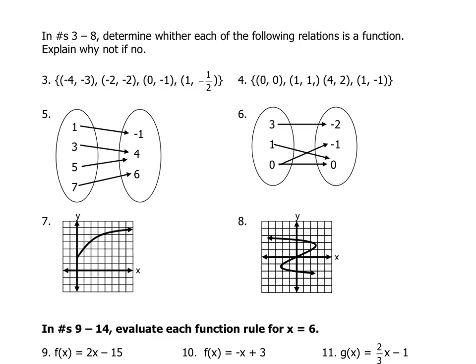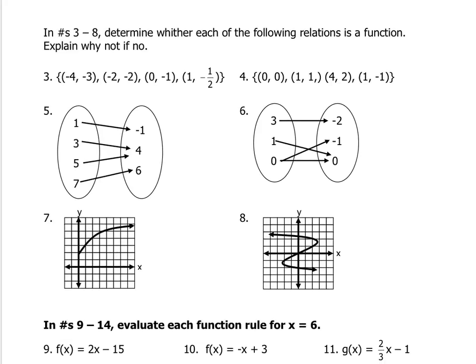All right, let's take a look at the back side. For the next couple questions, we're going to determine whether they're functions and then explain why or why not. You can go ahead and draw the Easter eggs if you'd like, but another way you can think about this is seeing if any of your domain repeats itself. Because if it did, it would be listed twice in that domain Easter egg, and therefore it would probably go to 2 different places.